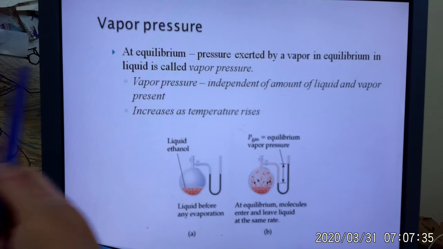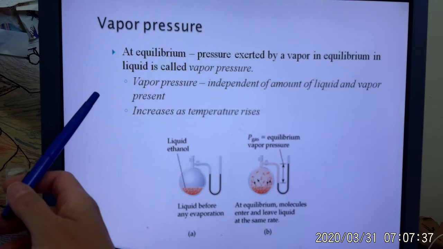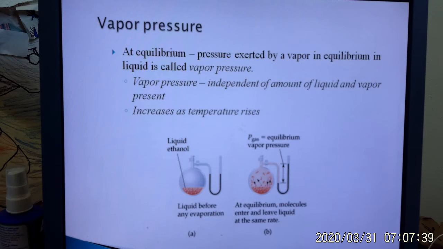Okay, so we talked about vapor pressure, and it's independent of the amount of liquid or vapor present. So if I had a very tiny container versus a very large container, once it reaches equilibrium, the vapor pressure will be the same regardless of the size. Okay? And as we said before, it's going to increase with temperature.